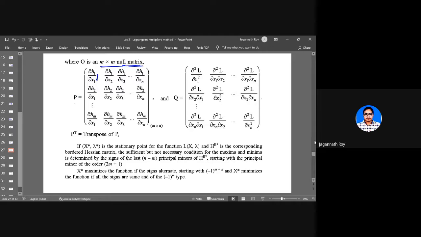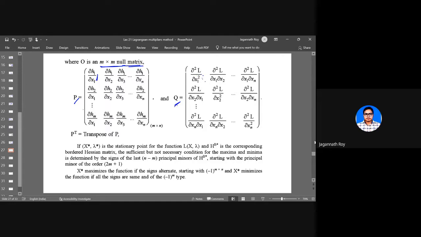So this is P, and if you take the transpose, this would be P transpose. And Q is a matrix containing the second order partial derivatives of the L function.